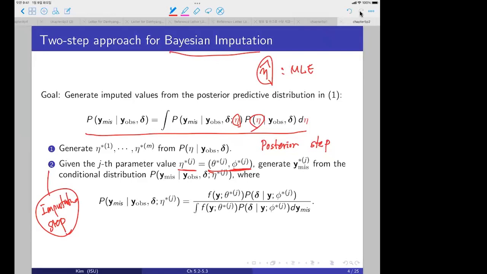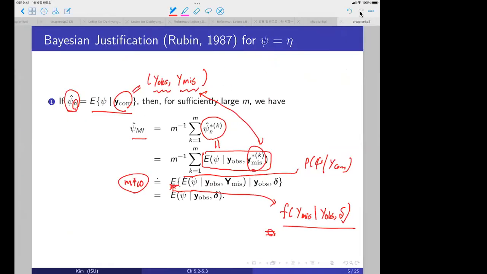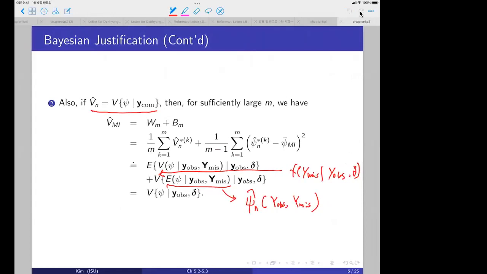So my point is that if we don't start from this Bayesian model, we directly assume that we already know the distribution of y miss given y observed and delta, and this distribution doesn't depend on eta. I see your point. So we don't really need a Bayesian imputation to justify this. Yes, I agree.